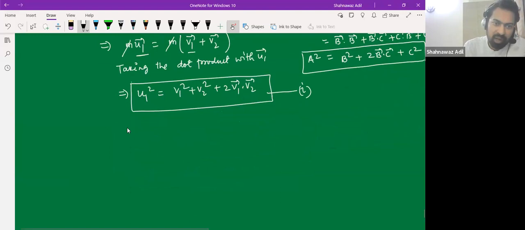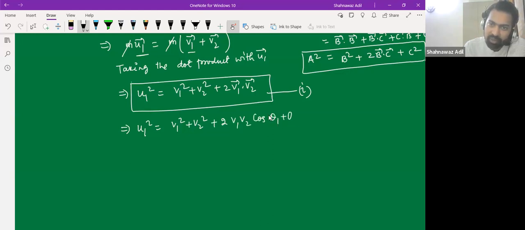So now let us write that result in here. This is V1 square plus V2 square plus 2 V1 V2 cos of theta 1 plus theta 2. Is this part clear?